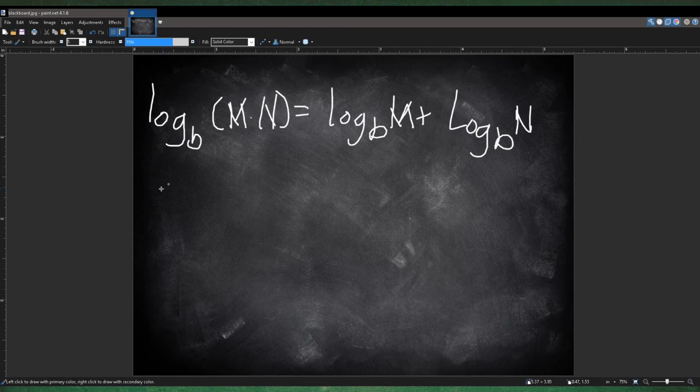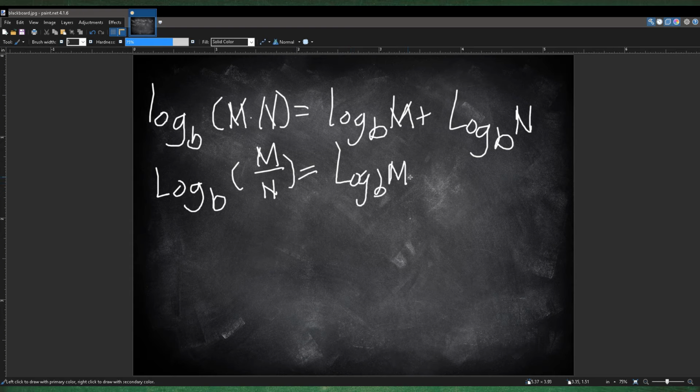Now, if this is plus, what happens if this is log b of m divided by n? This would be log b of m minus log b of n. Remember to keep track: m right here and n.